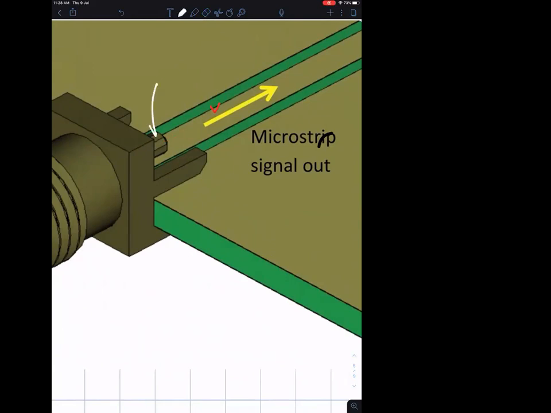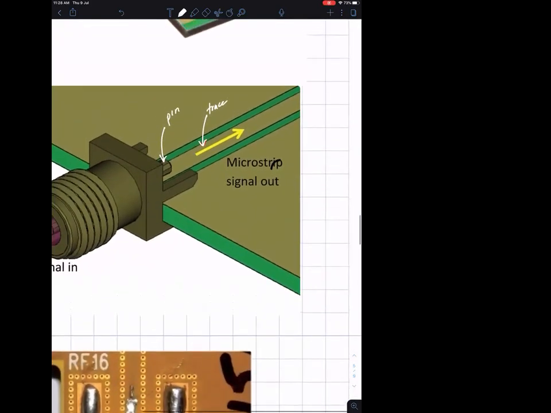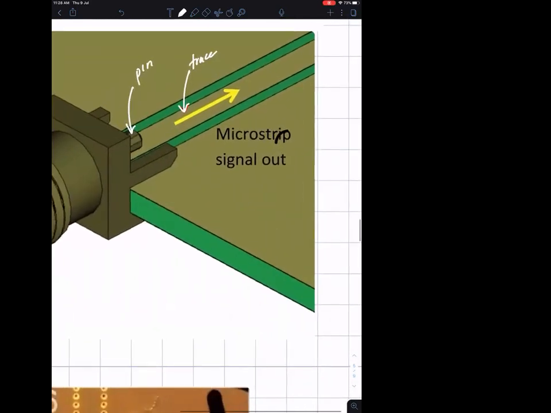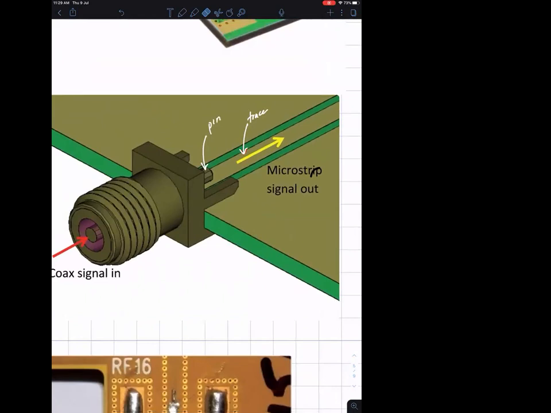So this is the pin that's bringing in the signal from the outside world. And then this is the trace. But anyway, here he's saying signal out. I'm sorry, it's saying microstrip signal out, but the arrow is drawn this way. Signal out means it should be drawn the other way. But anyway, don't worry about that. I just wanted to show you the pin and the trace.